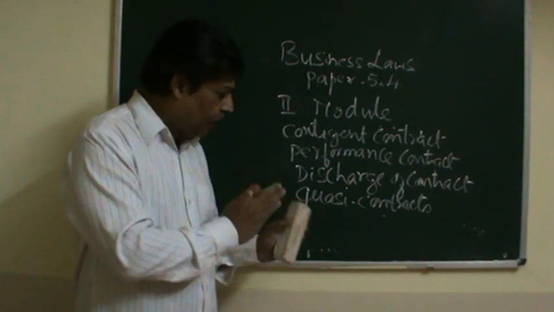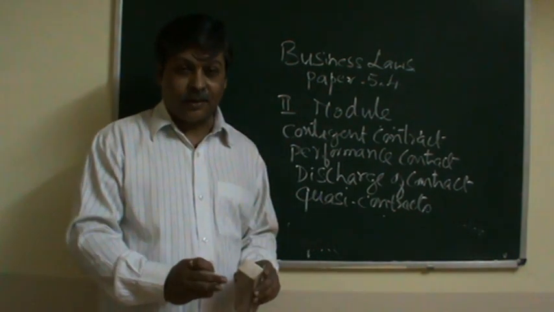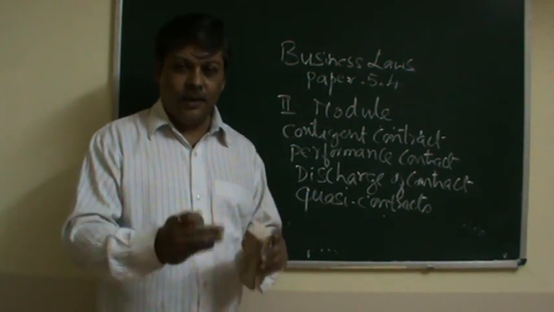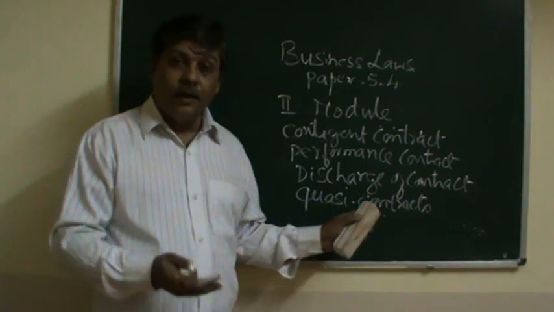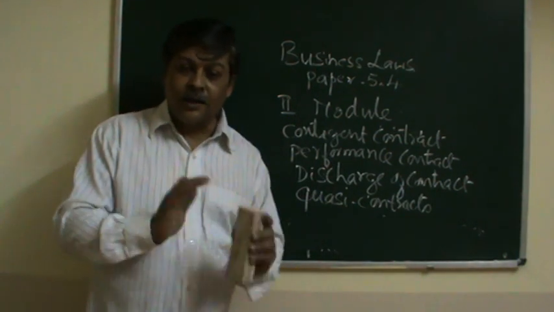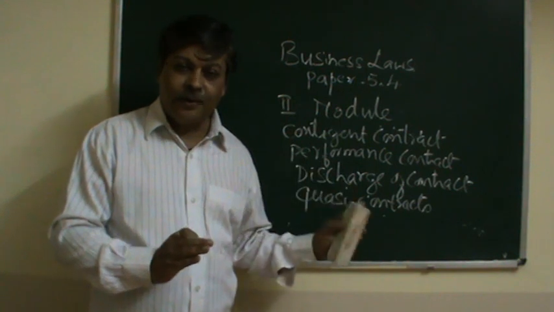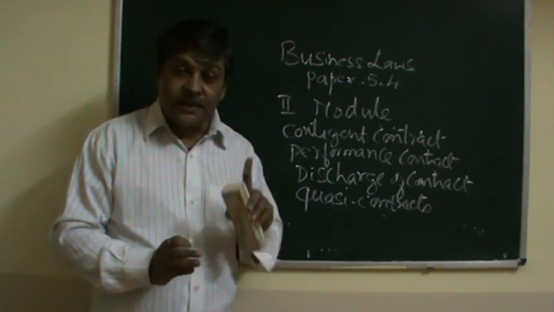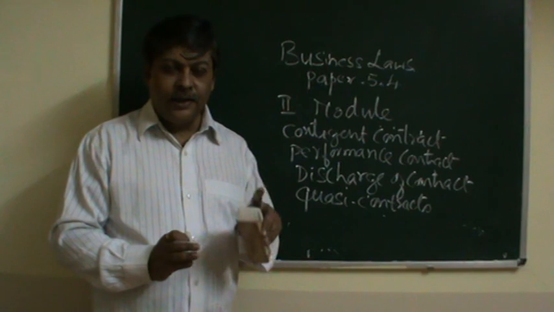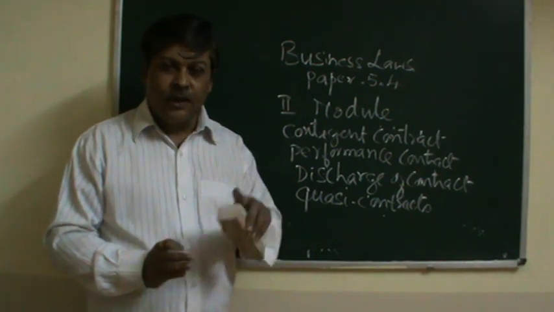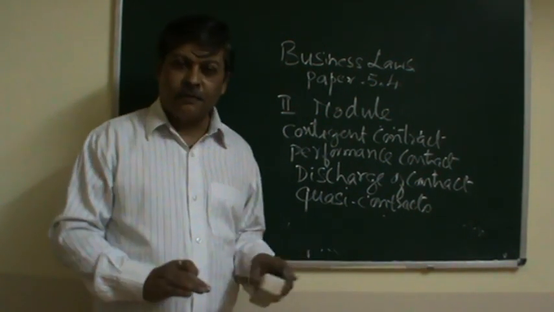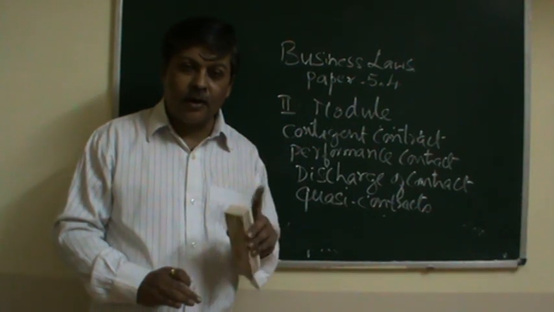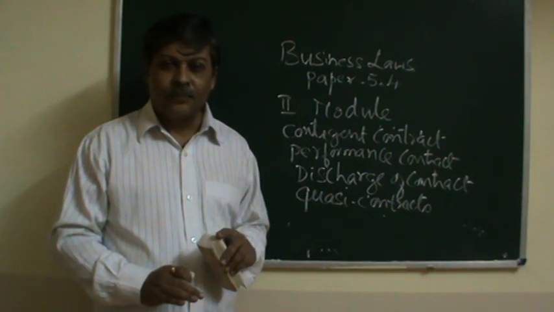So instead we are using the word quasi contracts. In other words, one or the other essential of the contract will be missing, but still it is the law which imposes the obligation on the parties. Such contracts are called quasi contracts.